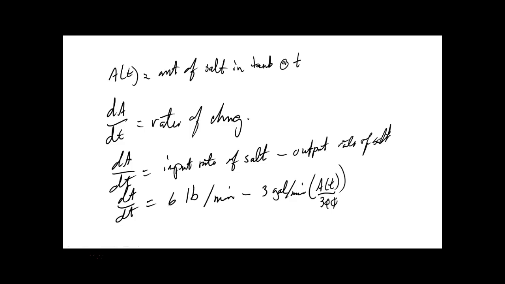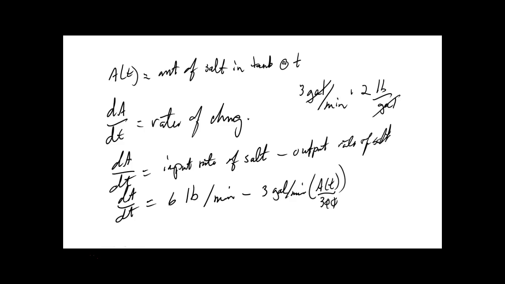Where did that 6 come from? It was 3 gallons per minute coming in times 2 pounds per gallon. That was the concentration coming in. So you see the gallons cancel, and that's 6 pounds per minute coming in, 3 gallons per minute going out.